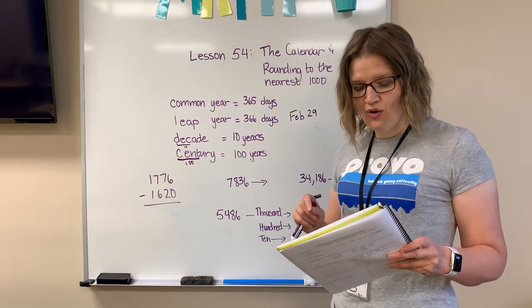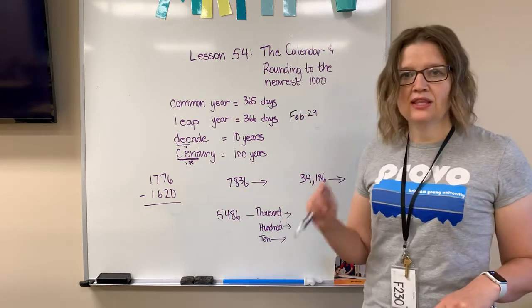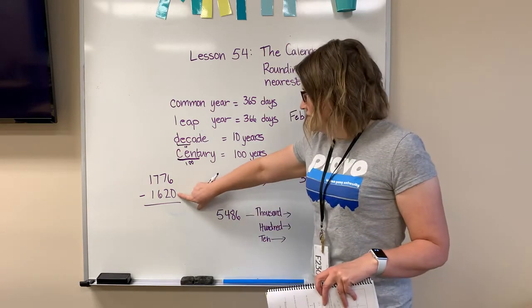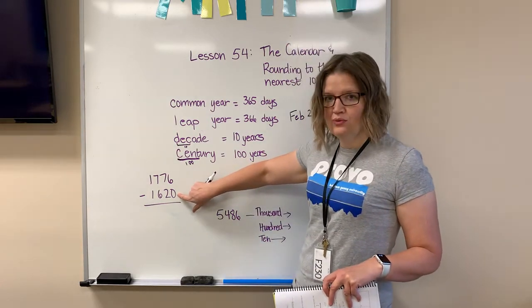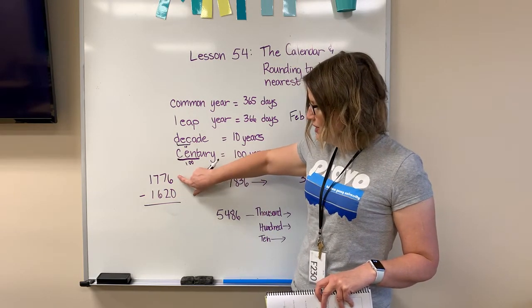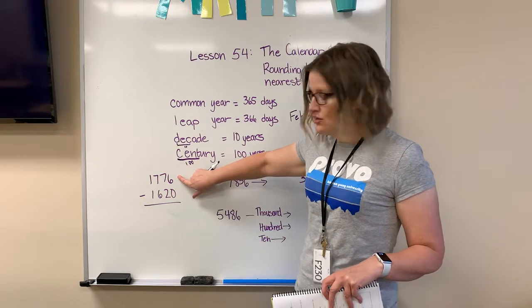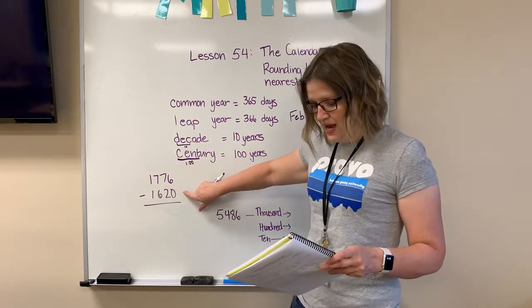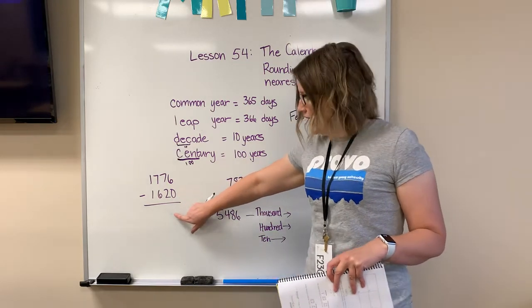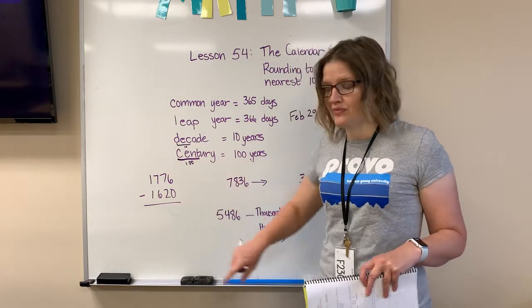They want to know the number of years between these two events. 1620 was when they came, and between 1620 and 1776, we want to know the difference. We take the later and the earlier, and it gives us our number.